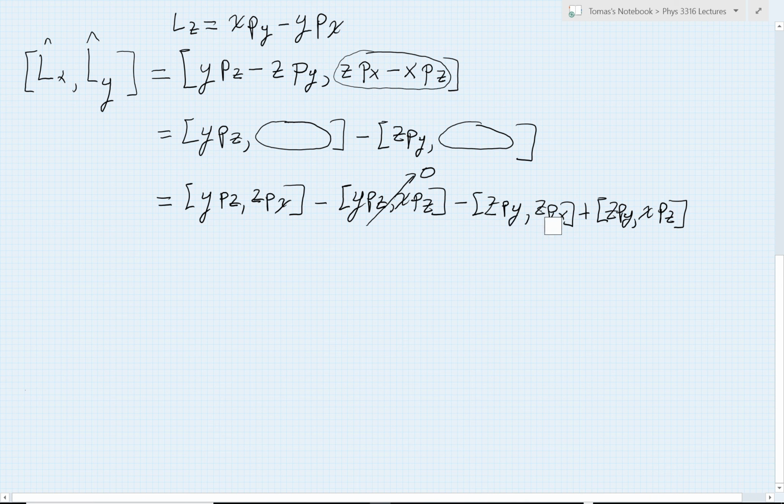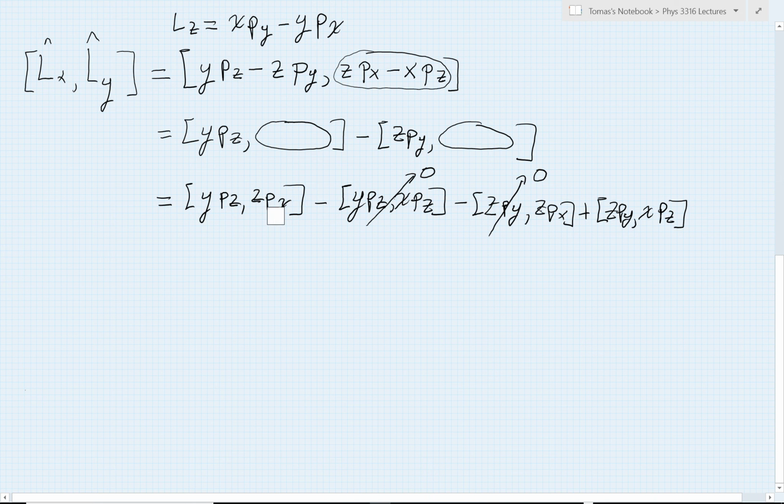And finally, px and py commute with each other, because famously, px is the derivative with respect to x, and py is a derivative with respect to y, but partial derivatives famously don't care the order in which we take them, we get the same thing. So all of these terms in here are mutually commuting, and therefore the overall commutator, once again, will be 0. That leaves us then with the first and last term.